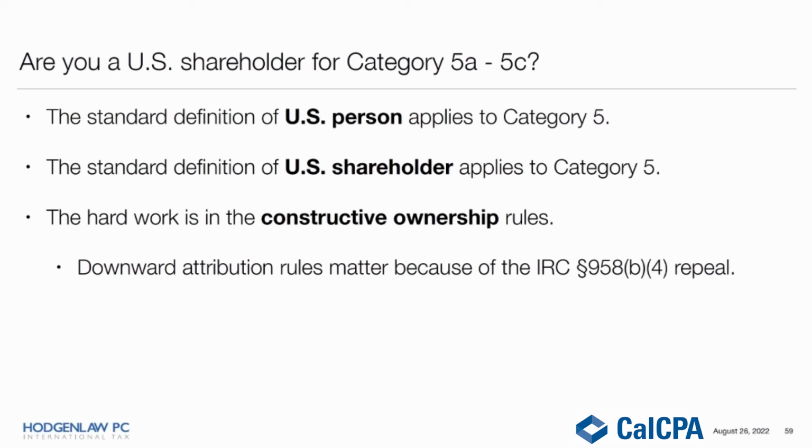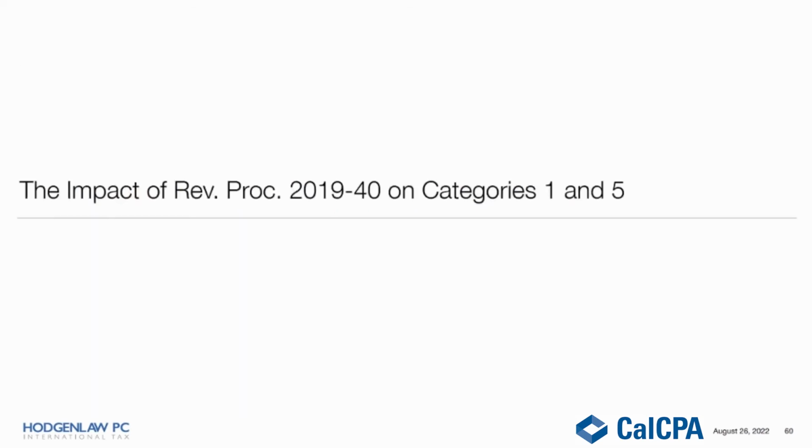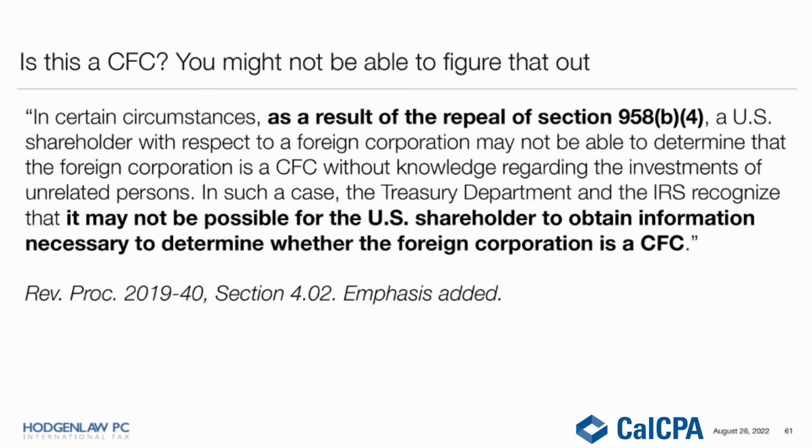So let's move on and start talking specifically about Rev. Proc. 2019-40, because that's where they said, and now we've got categories B and C. And let's look at how it works. Now, again, background.